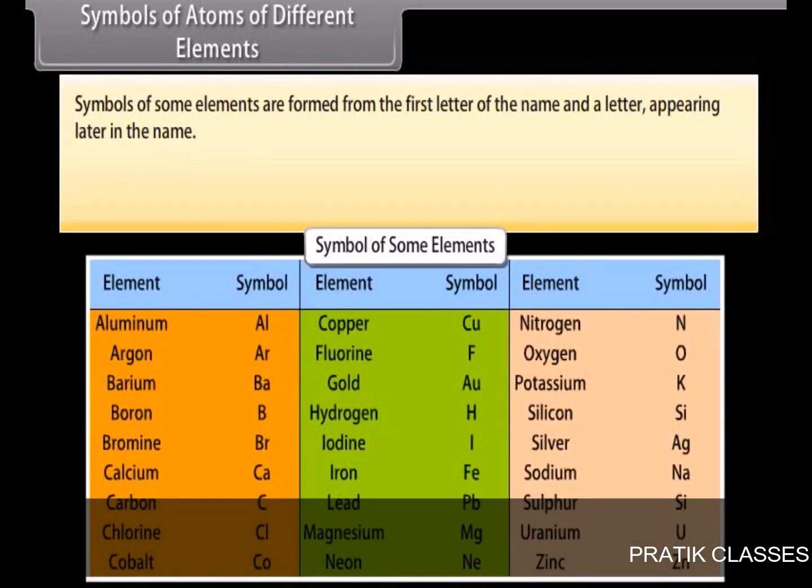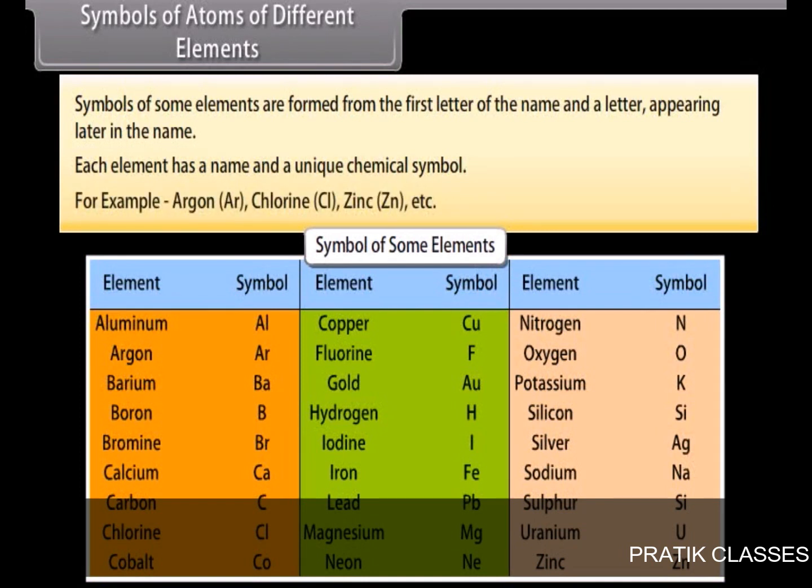Symbols of some elements are formed from the first letter of the name and a letter appearing later in the name. Each element has a name and a unique chemical symbol. For example, argon, Ar; chlorine, Cl; zinc, Zn, etc.